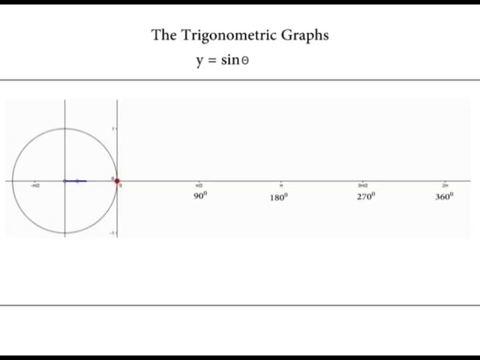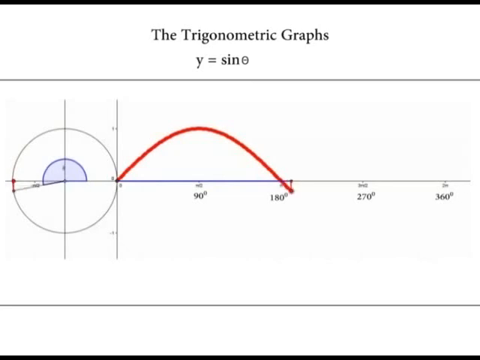When theta is 0 degrees, sine is also 0. In the first quadrant, theta increases and the sine increases as well, up to a maximum of 1 at 90 degrees. In the second quadrant, theta gets larger and larger, but the sine begins to decrease, back to 0 at 180 degrees.